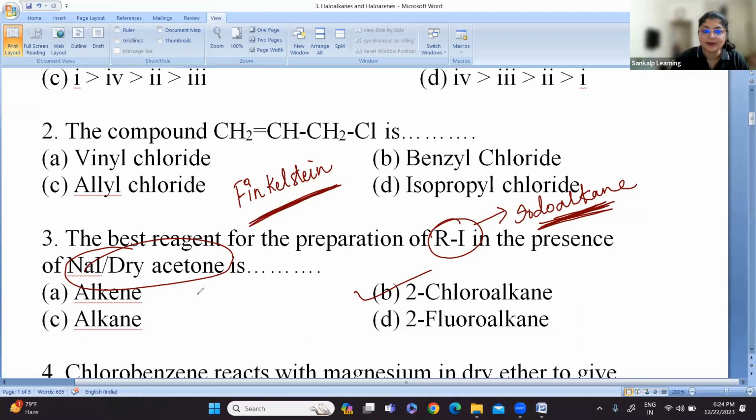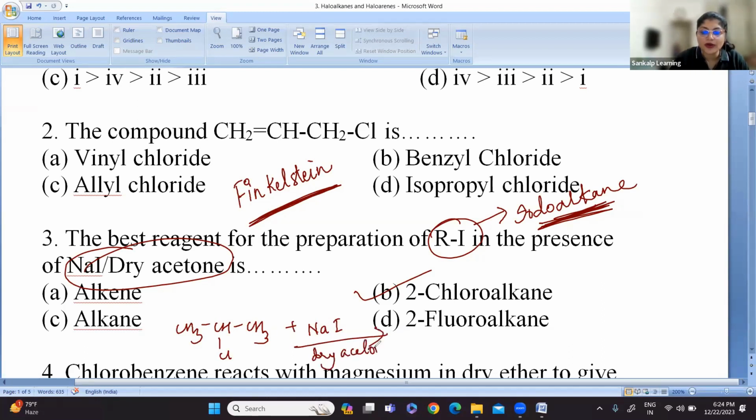So study an example. I can give you an example as CH3CH2Cl. Okay, so I'll take 2-chloroalkane, CH3CHClCH3, when you react it with sodium iodide in the presence of dry acetone.